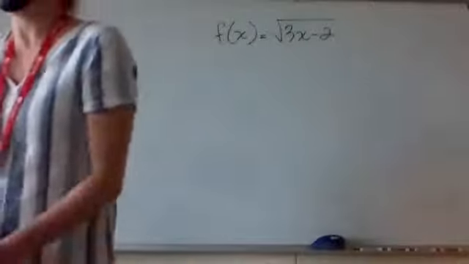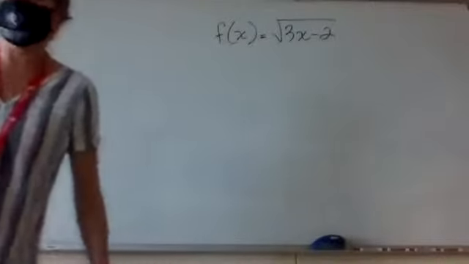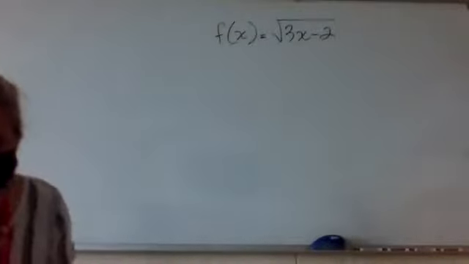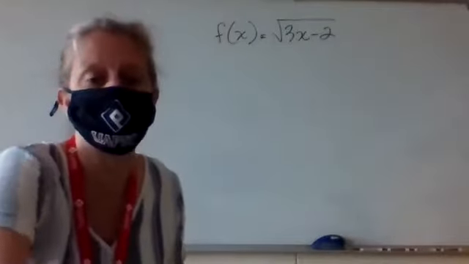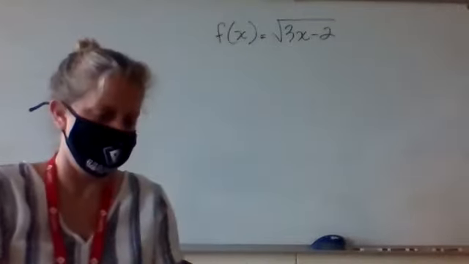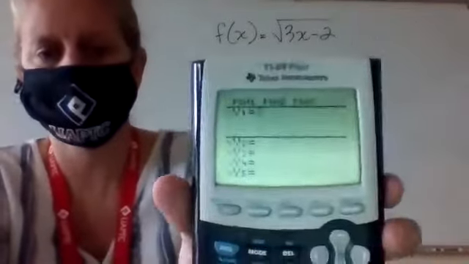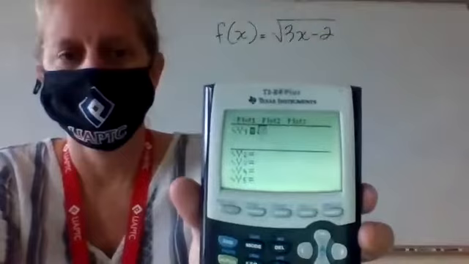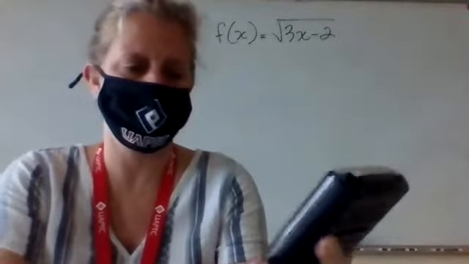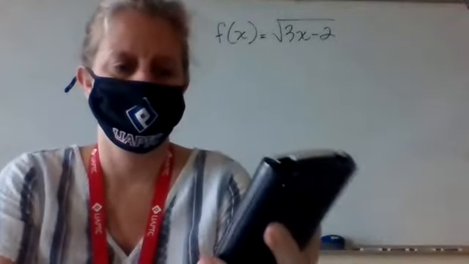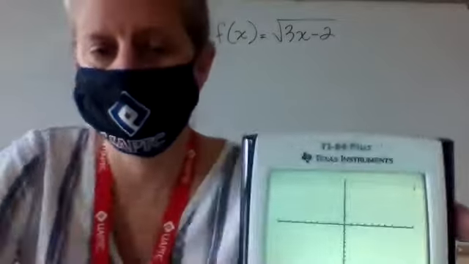These are going to have two that look very similar to the answer. Okay, so I'm going to explain to you how to tell the difference between the two, what to look for. So second square root, type in the 3x minus 2 and graph it.